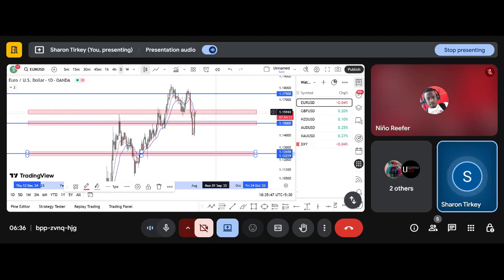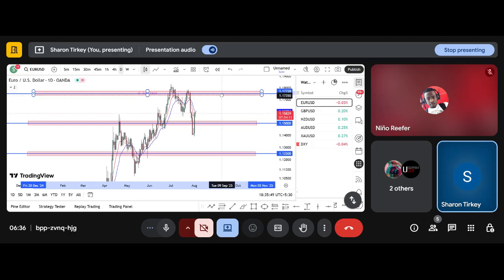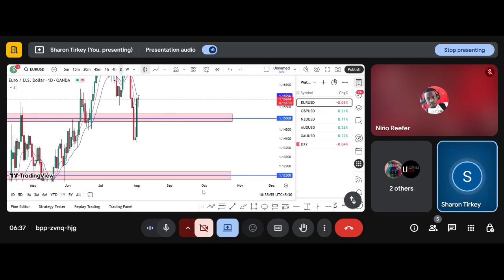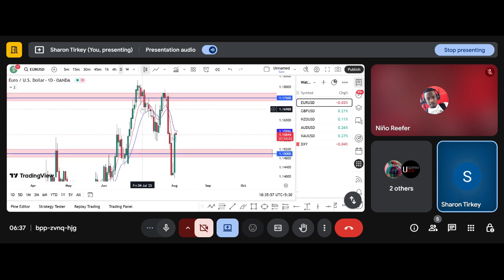Here you see our support and resistance is done. After this you need to understand the trend. Here you are watching, this is the 8 EMA and this is the 14 EMA.